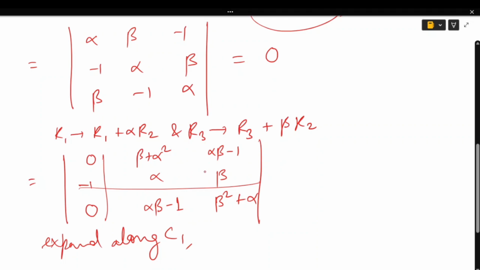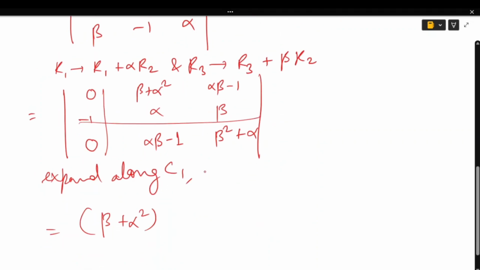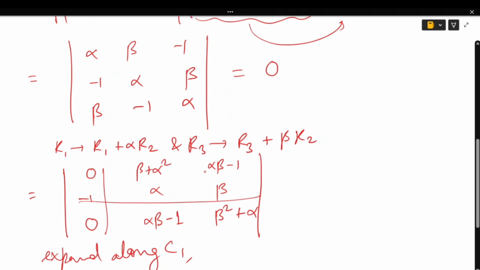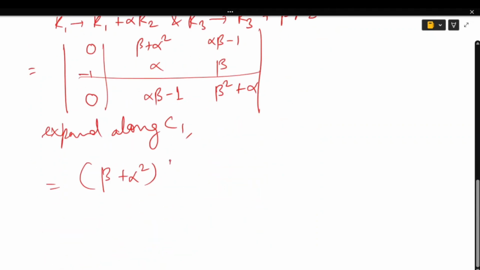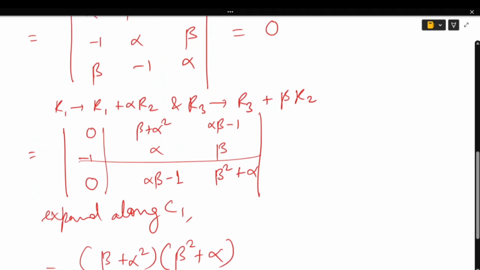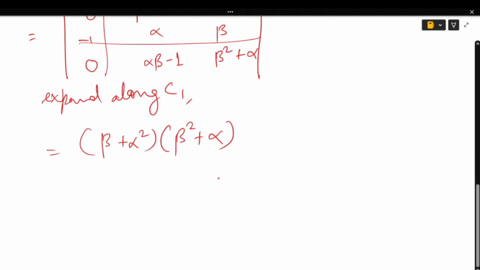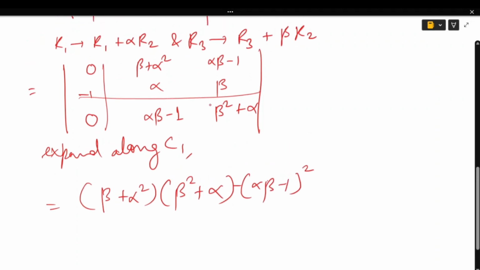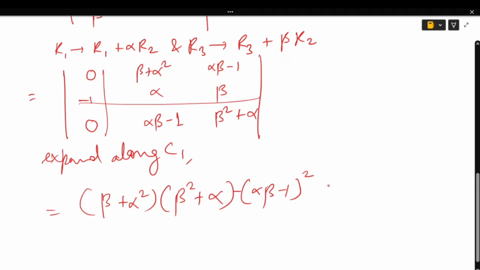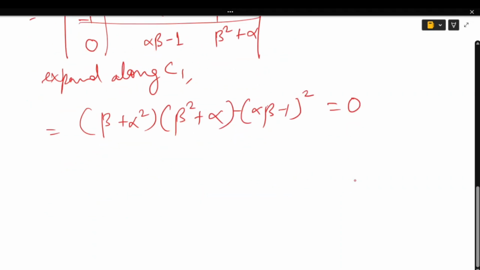So the determinant will be beta square plus alpha square multiplied with beta square plus alpha, minus alpha beta -1 whole square. This is the determinant which you obtain, and this goes to 0.